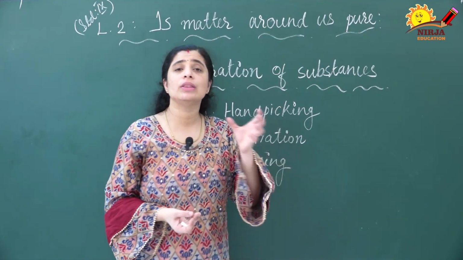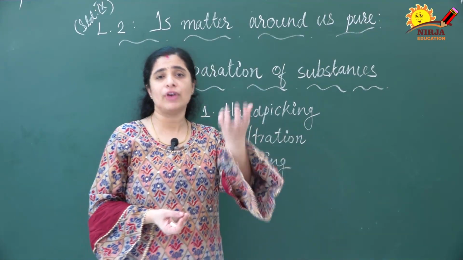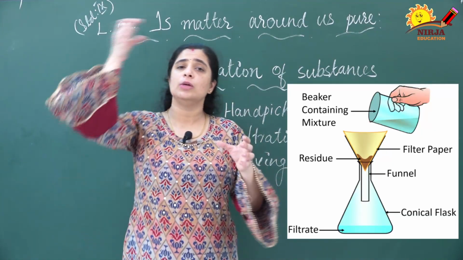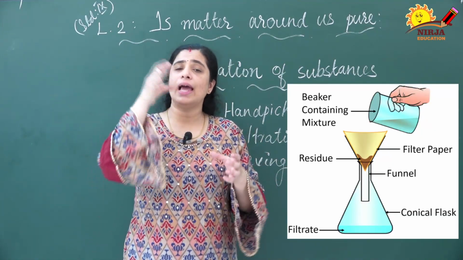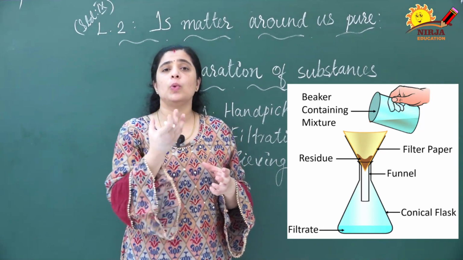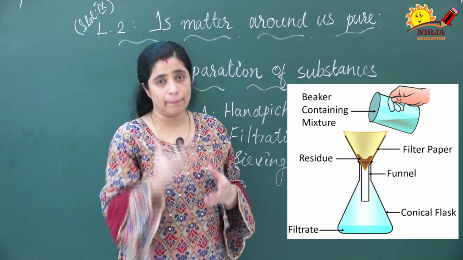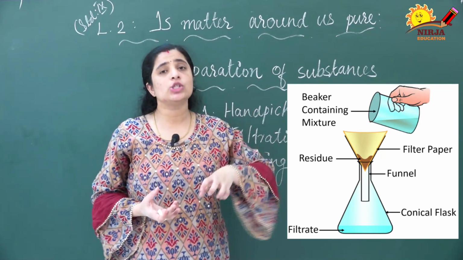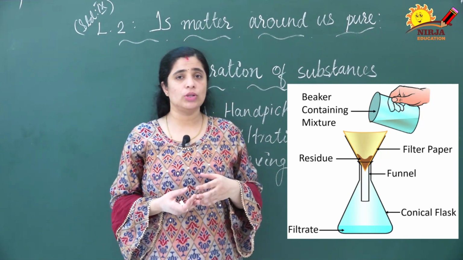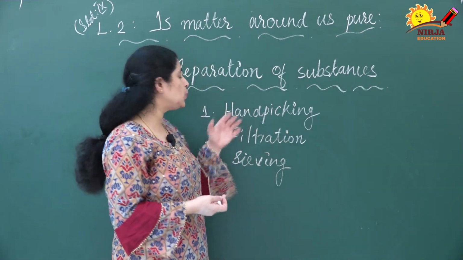The funnel will be there, filter paper will be there, and we pour the mixture into that funnel and filter paper. After that, the pure solvent or pure water you will get in the beaker and the insoluble solid will be there in the filter paper. So this is how we do filtration.